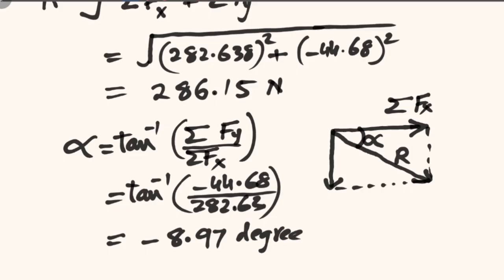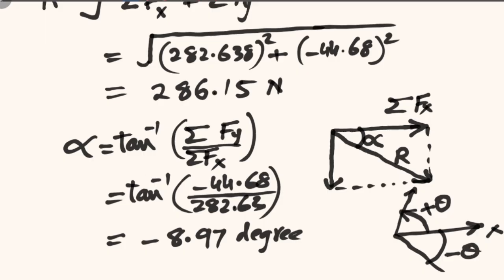This minus sign indicates that this angle is negative with reference to positive x-axis. So negative we measure like this. If this is your positive x-axis, any angle measured in the anti-clockwise direction will be positive angle, and any angle which we measure in the clockwise direction will be taken as negative, minus theta.